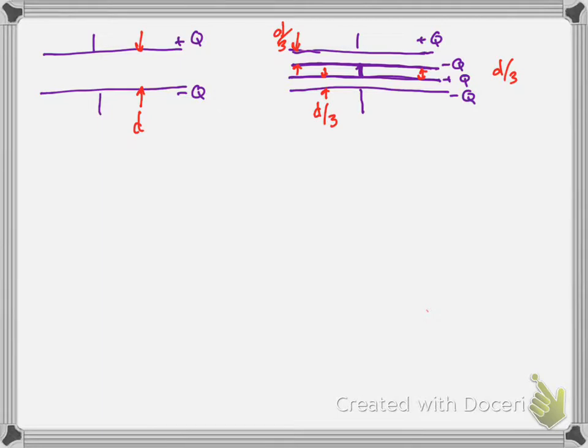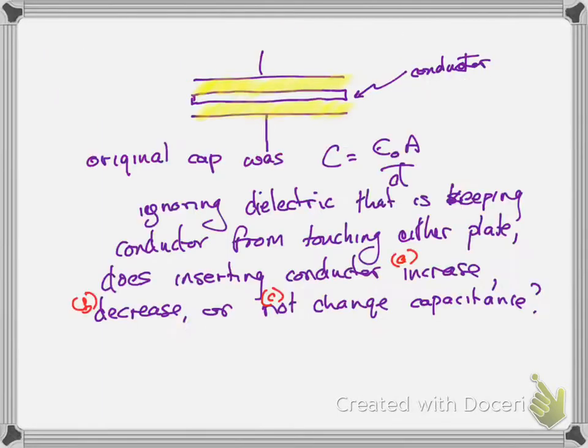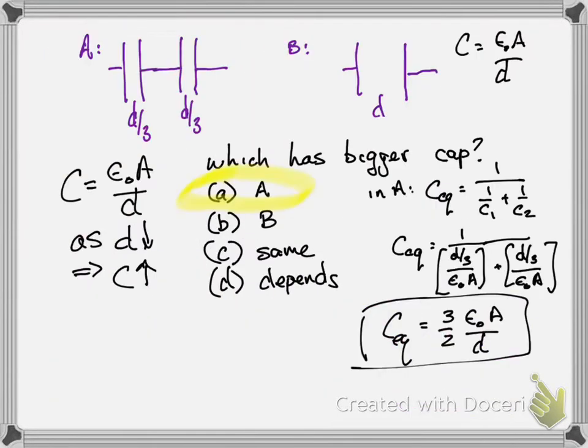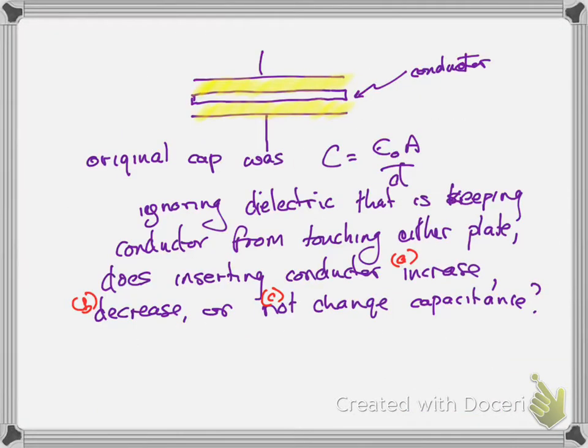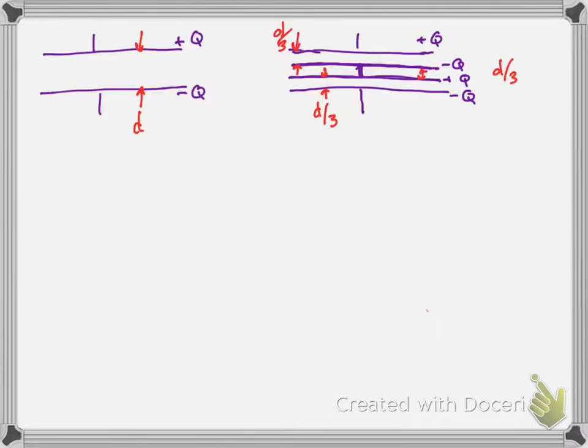I think the conclusion is obvious from our calculation over here, but what you had to recognize is that when you put the conductor between the plates, it just acts like it's making the capacitor into two capacitors in series. It acts like what you see on the right here. That's what you need to take away from this problem.